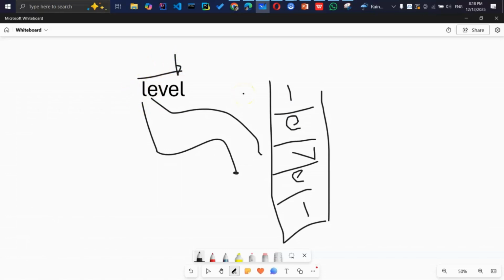And now pop characters from the stack to form a reverse string.